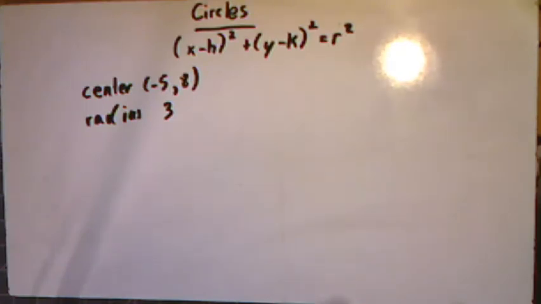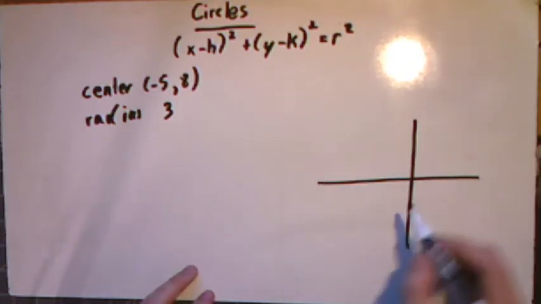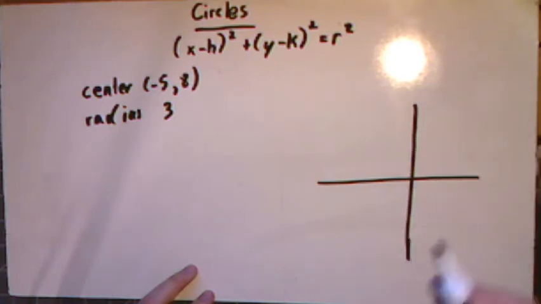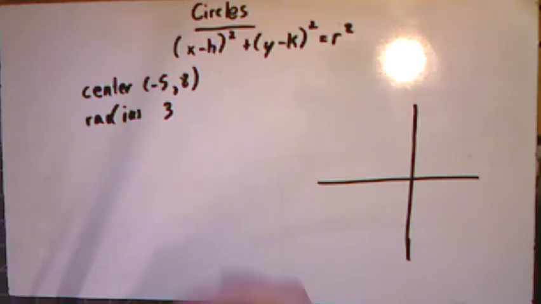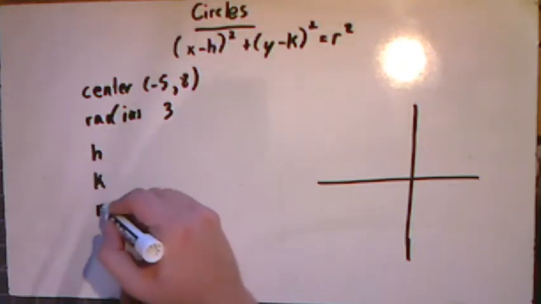So we take a look at the values we're missing. x and y are just everything we're going to plot on the actual graph itself. But h, k, and r are values we need to input ourselves in order to actually create our circle. So we need h, we need k, and we need r.